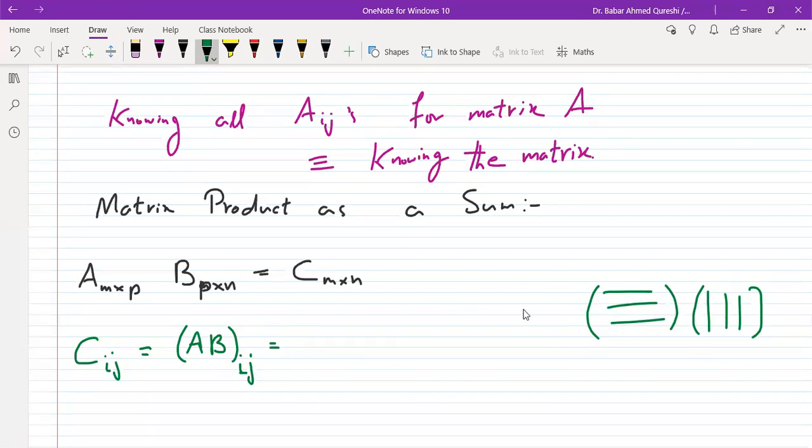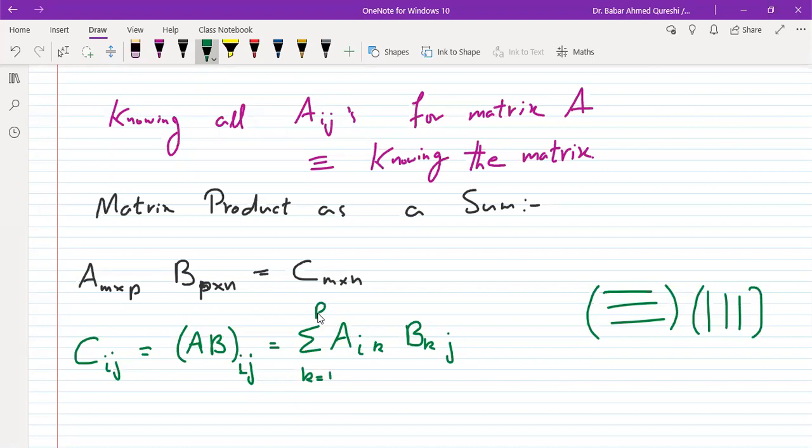So that means at the 2, 1 entry. So that means the ith, jth component, since it's a dot product, and in the dot product you sum over multiplication of corresponding components, is this.